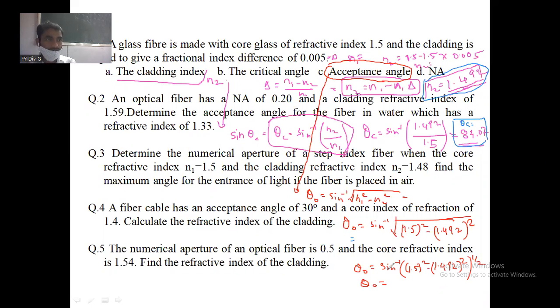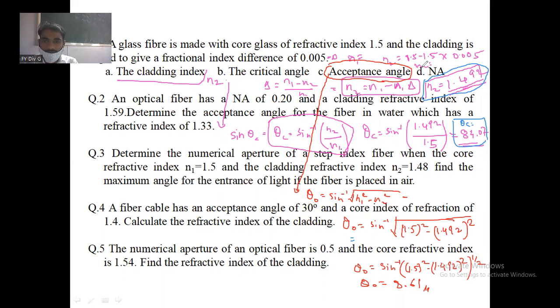Yes, very good. 8.61 is the correct answer for the acceptance angle. So in this case, the acceptance angle theta 0 is equal to 8.61. Okay.